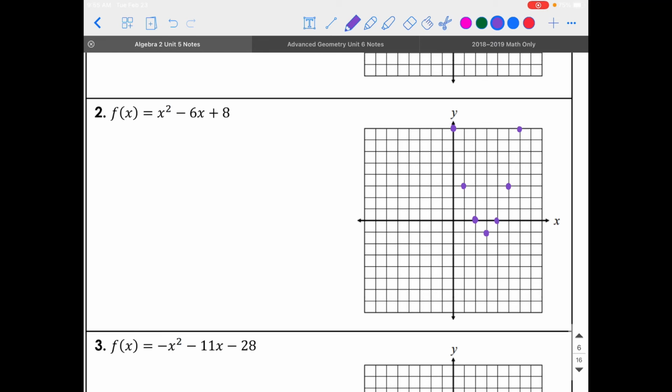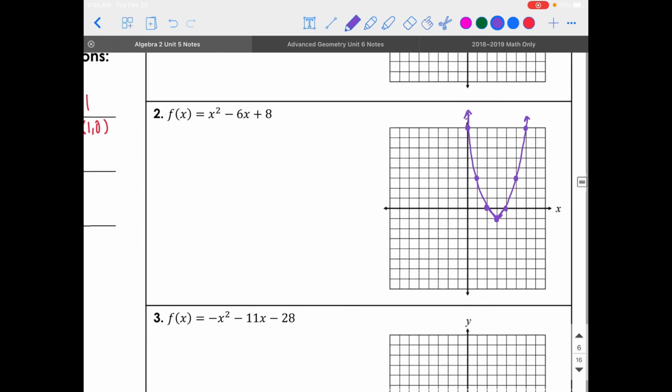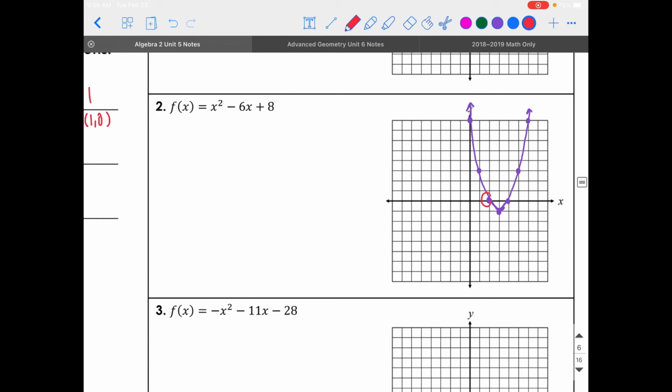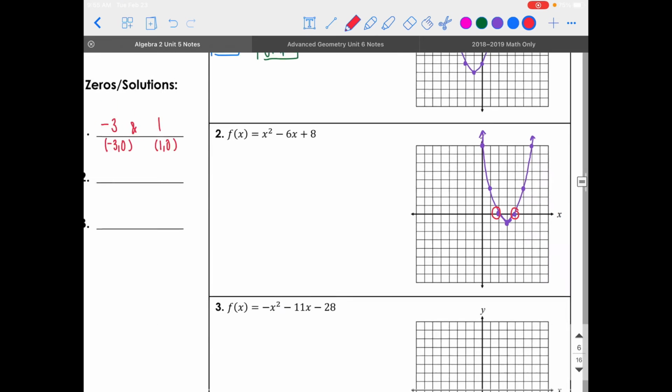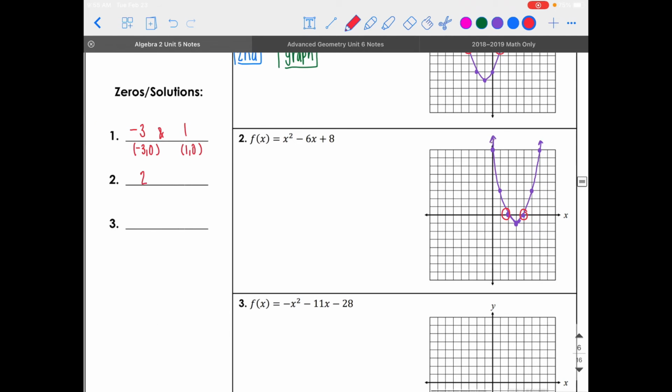And 6, 8. And that's all that will fit. And my parabola looks something like that. So our x-intercepts are 2 and 4.